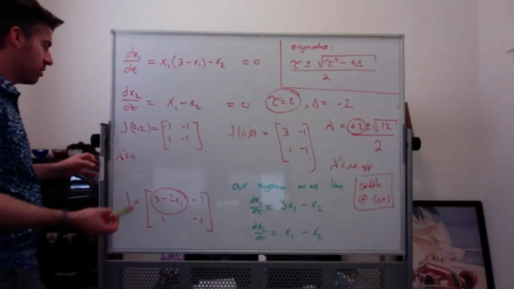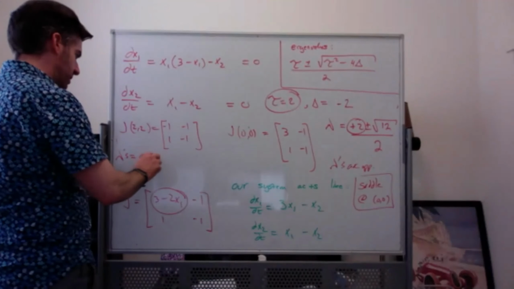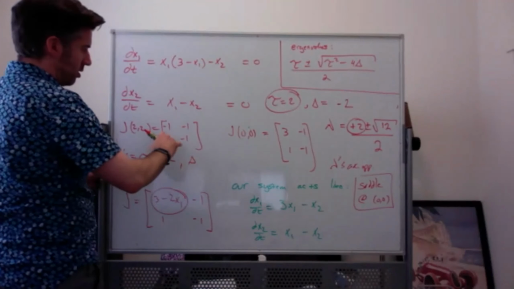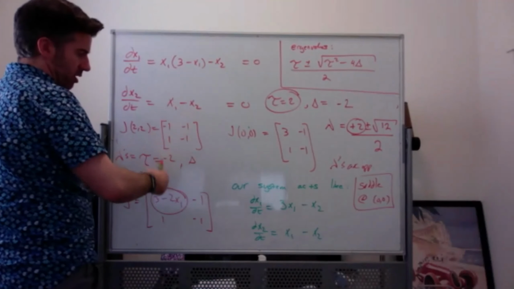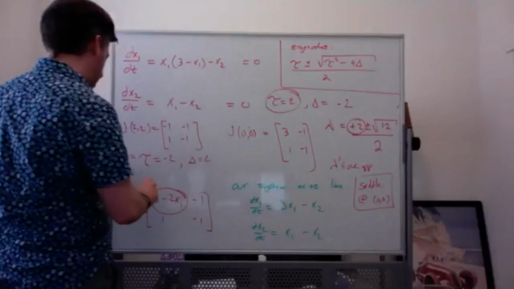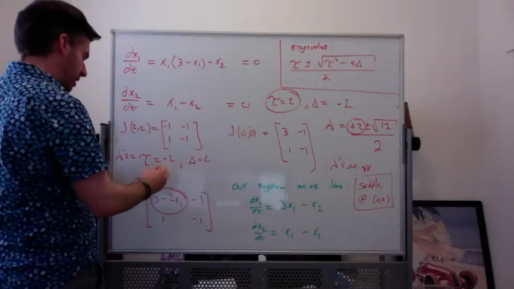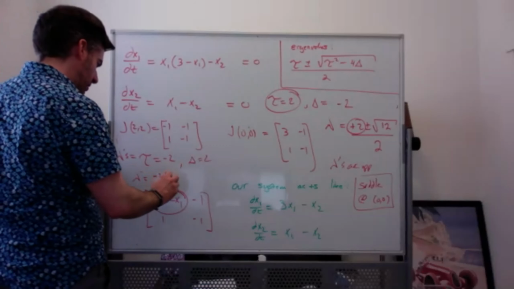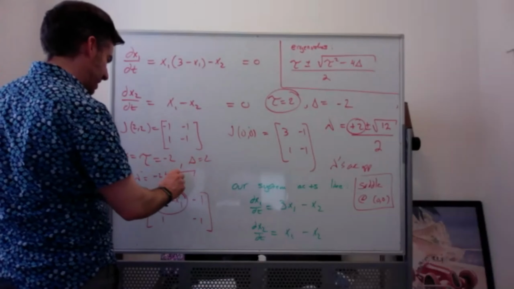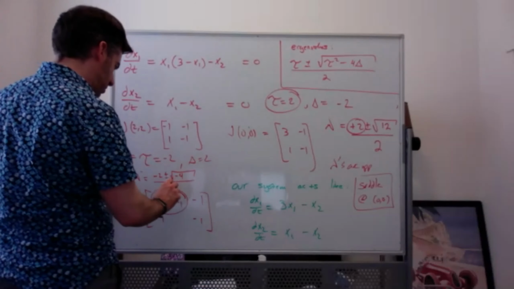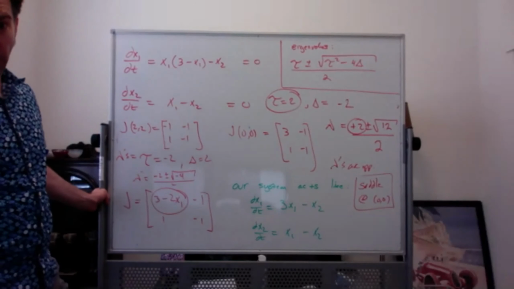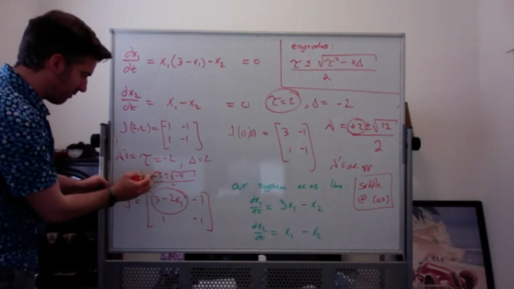Okay, over here, our trace is negative 2, and our determinant is 1 minus negative 1, right? Which is also 2. So then our eigenvalues are going to be negative 2 plus or minus the square root of 4 minus 4 times 2, which is negative 4, all over 2. So here the eigenvalues are complex, and they have a negative real part.